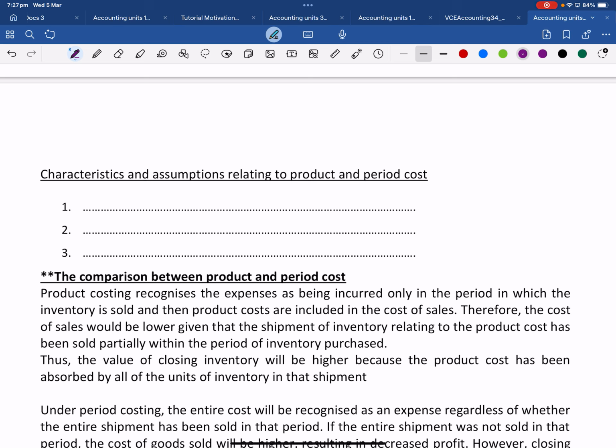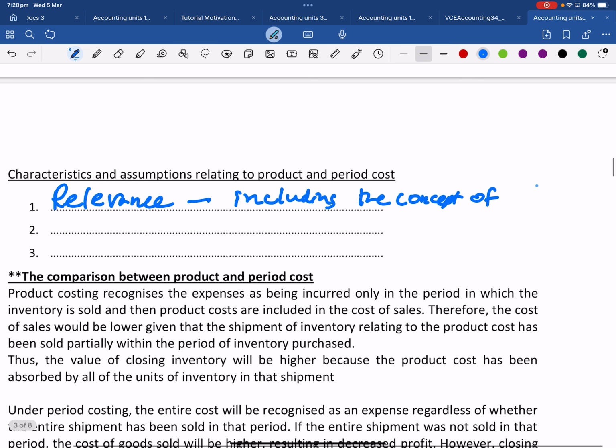Also period assumption. Okay, please take down, guys, this one. Characteristics and assumptions. So characteristics, of course, relevance, including the concept of materiality. Number 2, accrual basis.